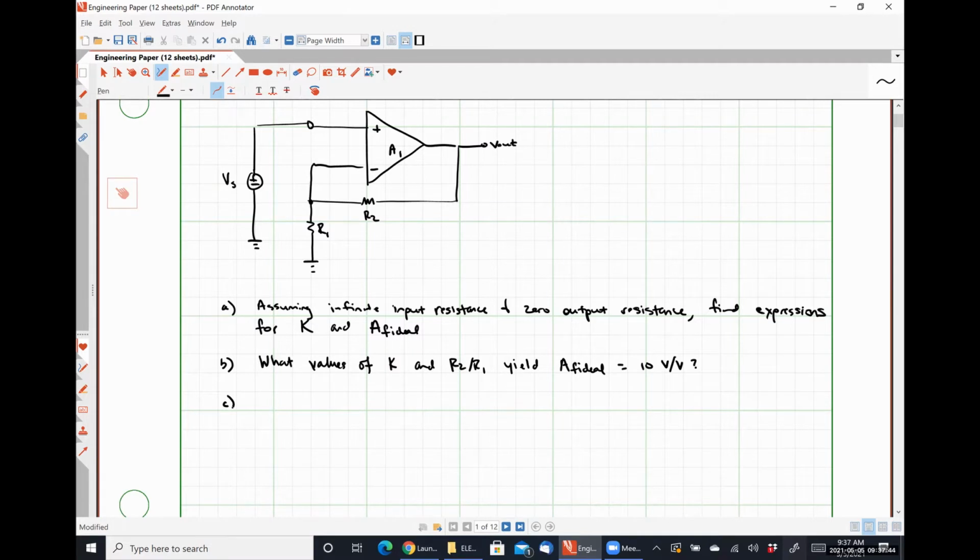For part C, if our open loop gain for our amplifier is 10 to the 4 volts per volt, then we want to know what is our loop gain, our amount of feedback, and our not ideal closed loop gain using the results from part B.